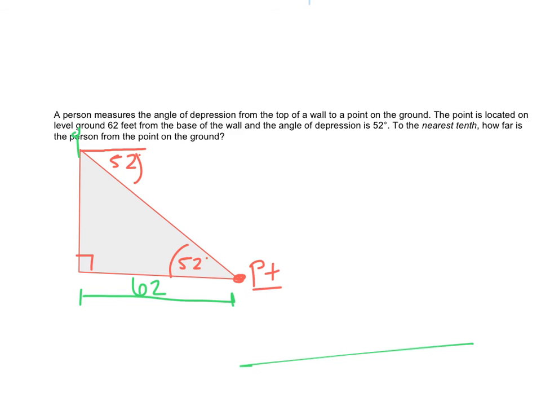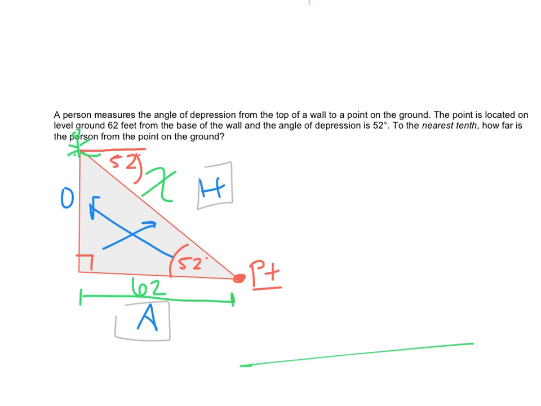So what I want to do right now is I'm drawing my person up top, and I want to figure out this length right here. So now we need to label. This is my hypotenuse because it's across my right angle. This is my opposite because it's across from my reference. And then this is my adjacent. So if I look at my picture, I have information about my adjacent and my hypotenuse.